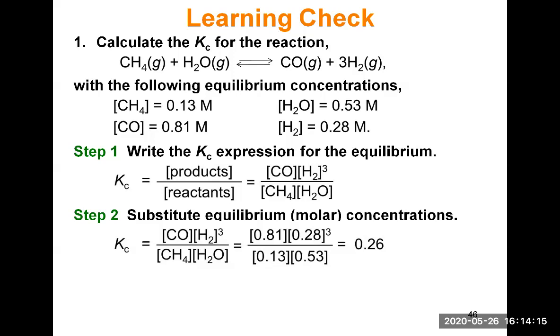You want to find the power key, and then 3 for the cube, divided. Here, either you divide by each denominator or you open the parentheses. After you divide, you open the parentheses and you do 0.13 times 0.53.